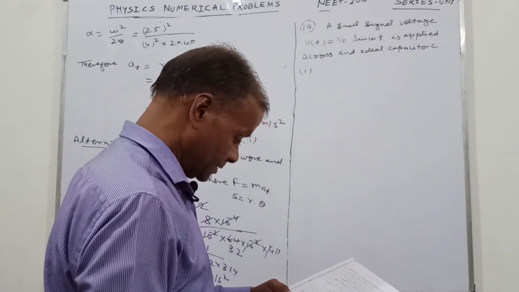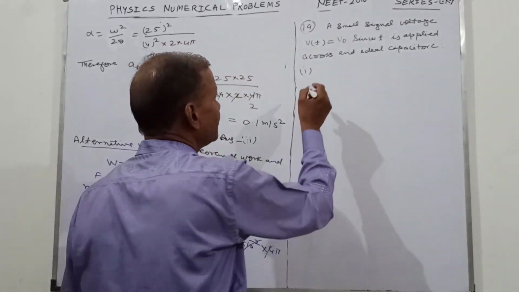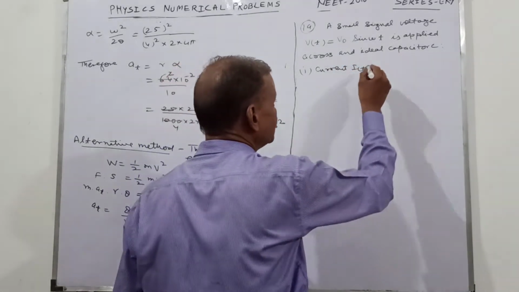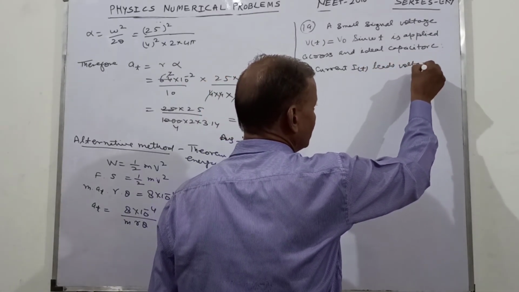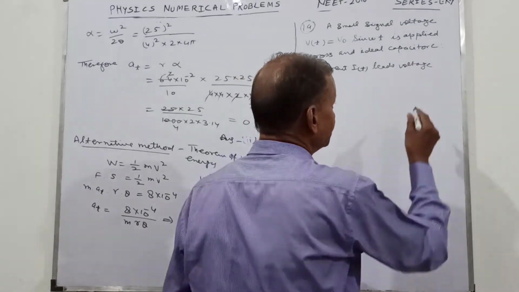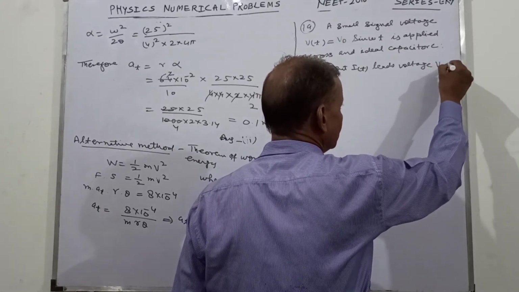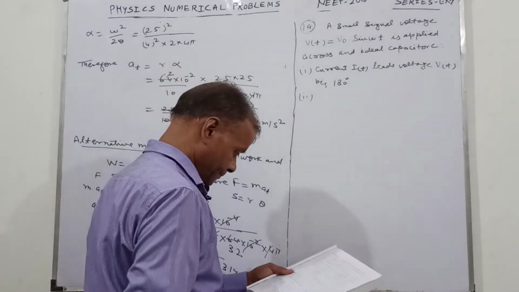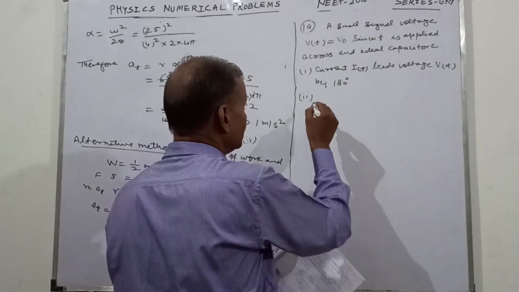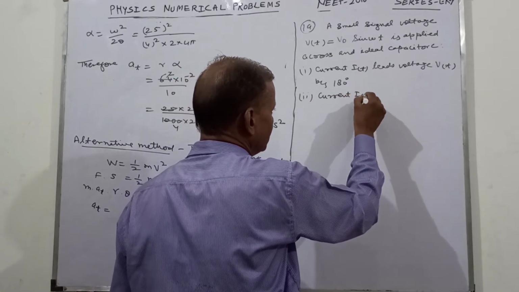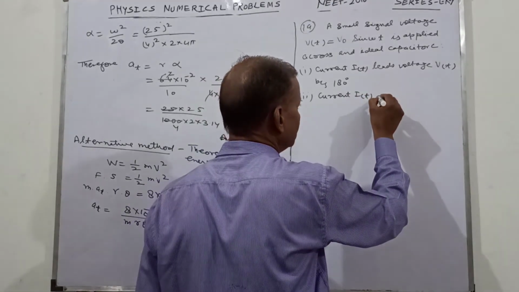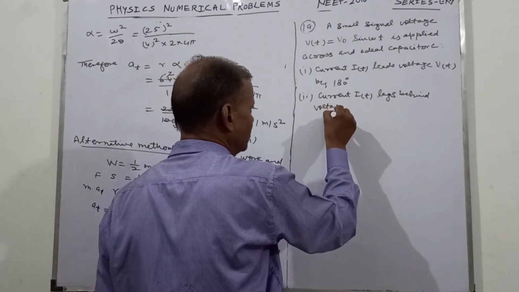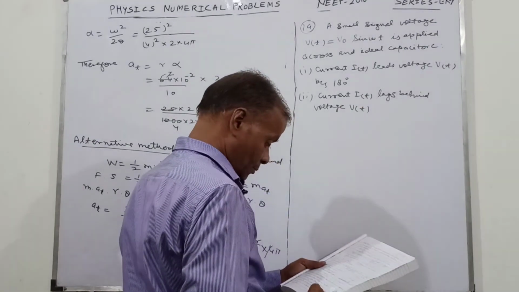Now the options are: current I(t) leads voltage V(t) by 180 degree. Second, current I(t) lags behind voltage V(t) by 90 degree.